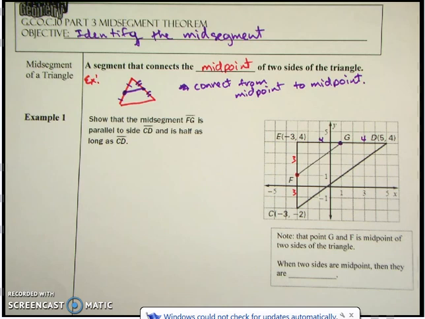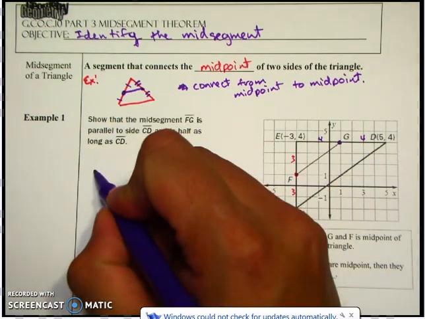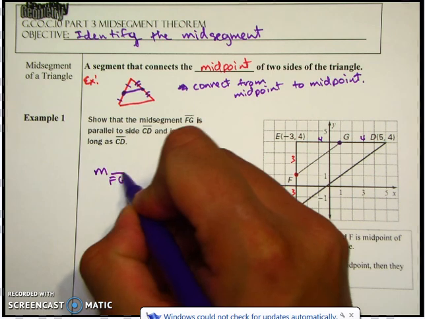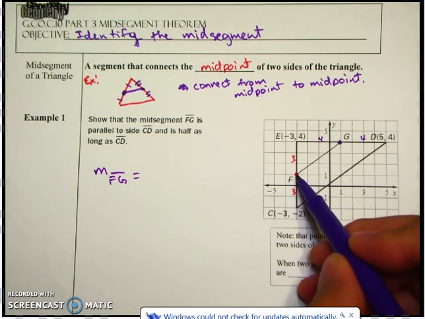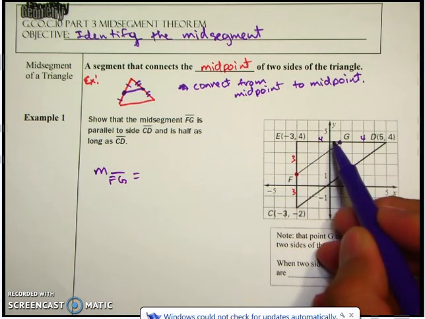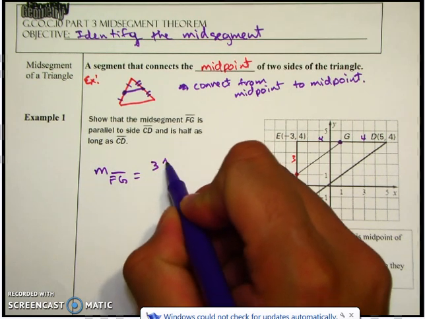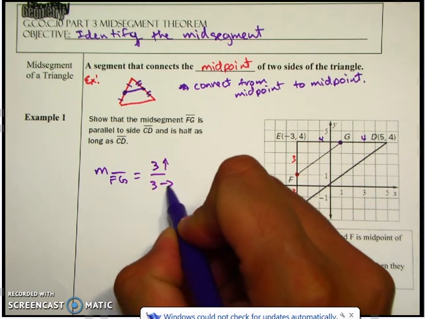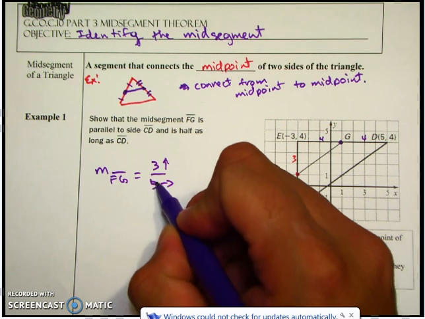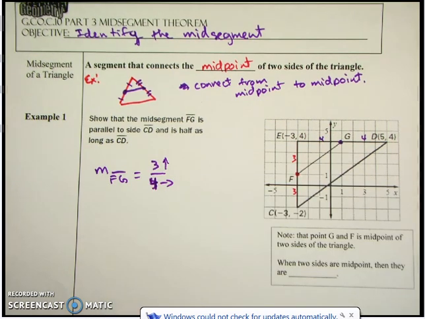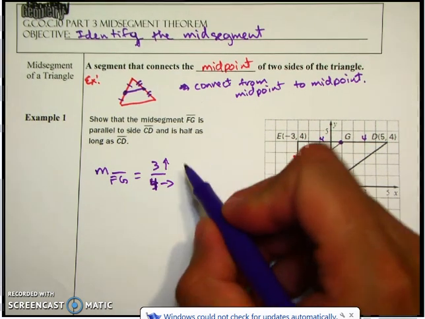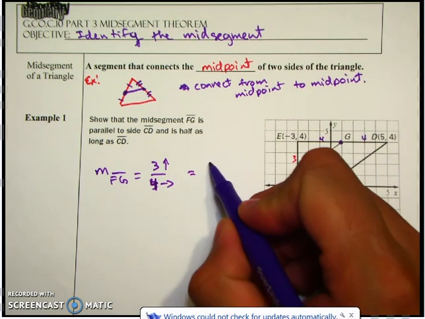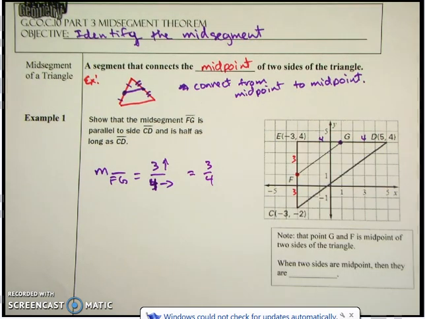So if I want to find the slope of FG, remember, let's start at point F, you go up 3, right 3. So up 3, right 3. Oh, my bad, right 4. Okay? So when you try to simplify, which cannot be done, your slope is 3 over 4.